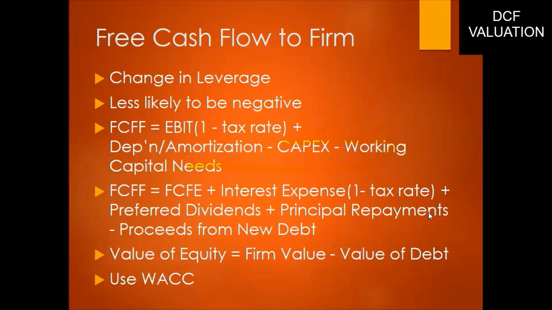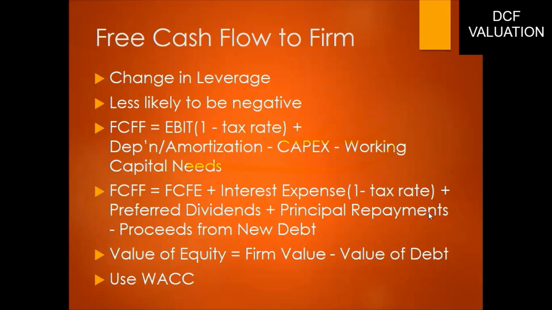So free cash flow to firm considers the operating income, earnings before interest and taxes, net of tax. So it should exclude the effect of interest expense, because interest would go to the creditor. We're looking at cash flows that are free from the perspective of the creditor and the shareholder. So we exclude the effect of financing.